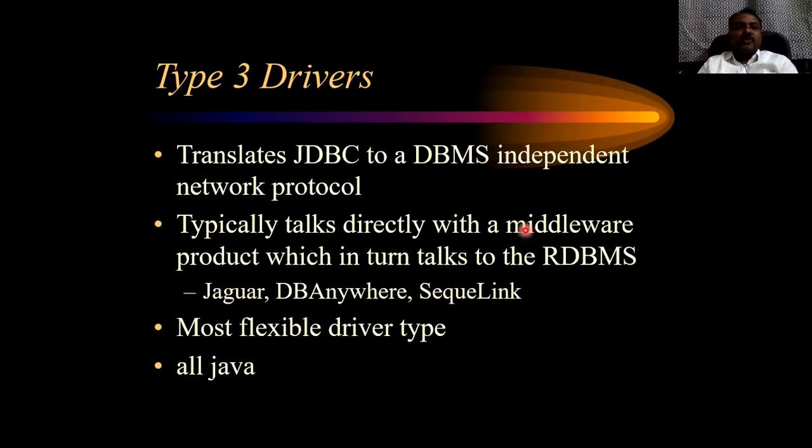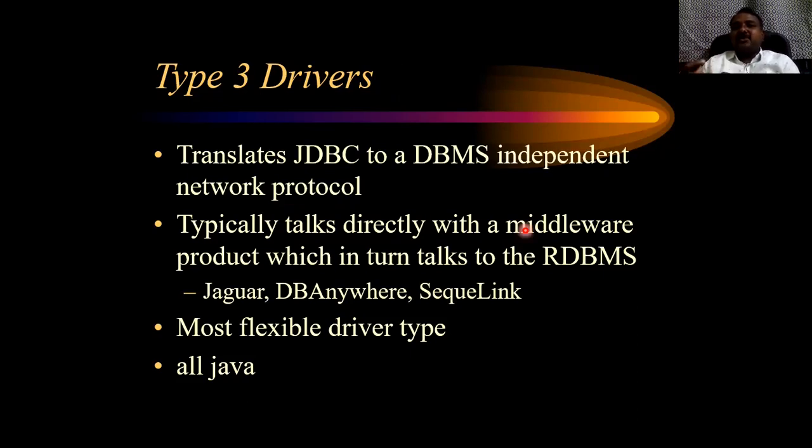And coming to your type 3 driver, it is going to translate or convert your JDBC statements into DBMS independent network protocol statements. And all these statements are independent statements.